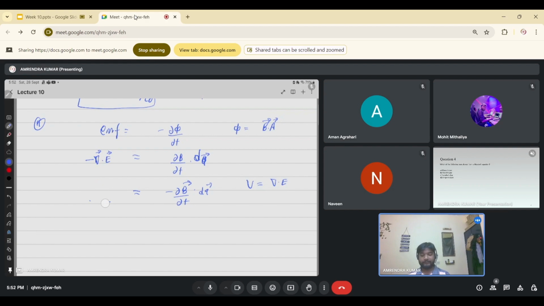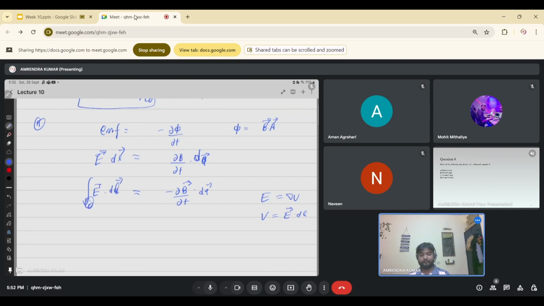No, I've written it wrong. So what is this? This is the voltage, the closed integral of E dot dl. So this is the E dot dl.